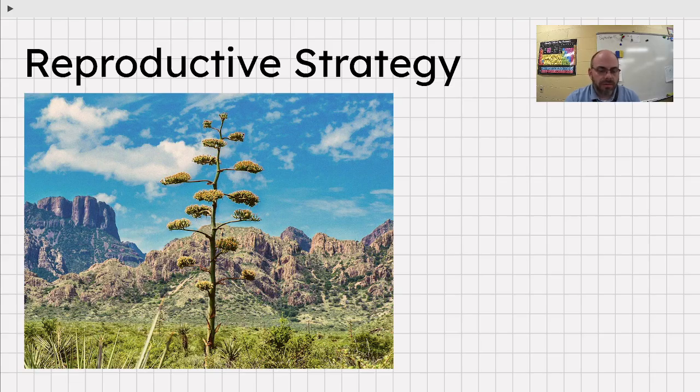So let's look at the different reproductive strategies. We don't use the same words that I've used in AP Biology, at least right now. But a lot of times you'll see the word reproductive strategy to talk about K-selected versus R-selected. This is a picture of a century plant. Century plant's a great example of a strange reproductive strategy. They bloom once, with a very, very long time between when they're planted and when they bloom, and they produce a ton of seeds, and then they die.